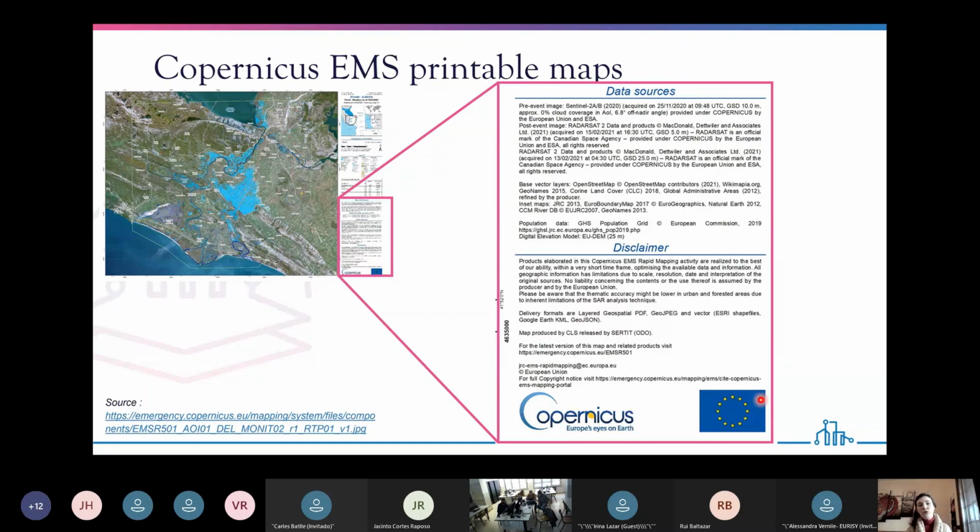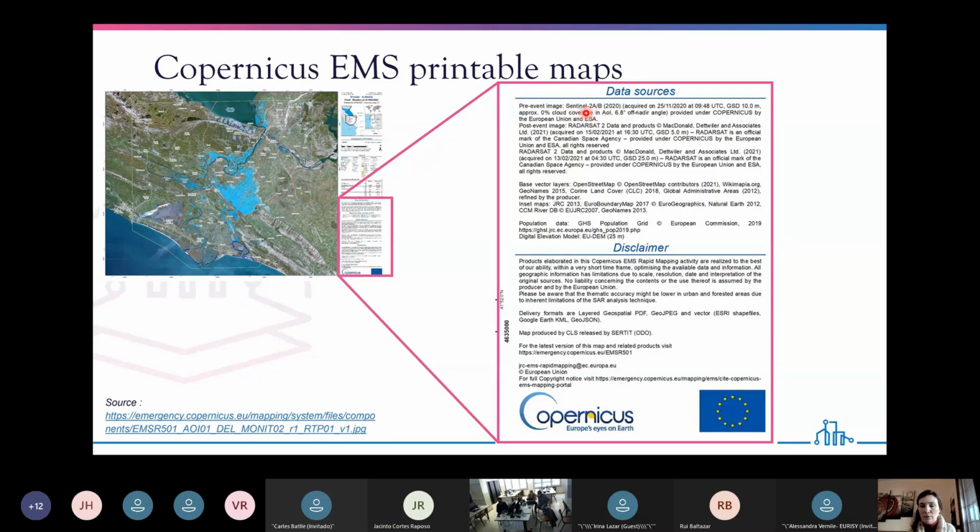But usually, in order to produce these maps, you compare a pre- and a post-event image. So here you see which images were used to produce this map. And you see that a pre-event image has been used, which was a Sentinel-2. Actually, both Sentinel-2A and B were available.